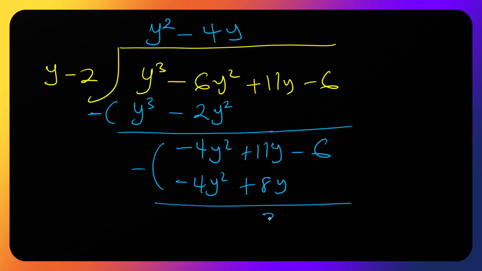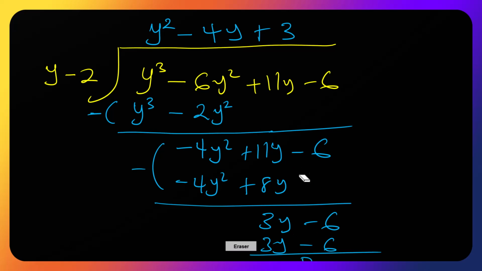So that will be 3y minus 6. Let's go again: y into this will be plus 3. 3 times y will be 3y, 3 times minus 2 is minus 6. So we have 0 here. Therefore, y squared minus 4y plus 3 times this will give us this.